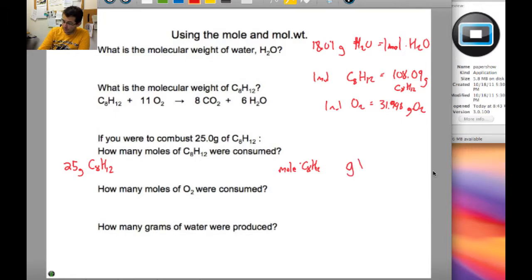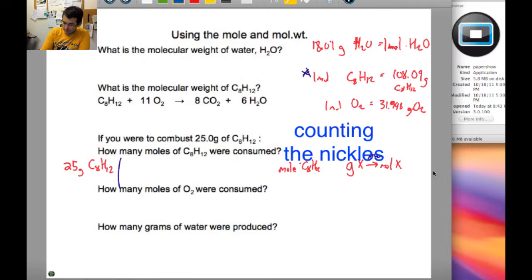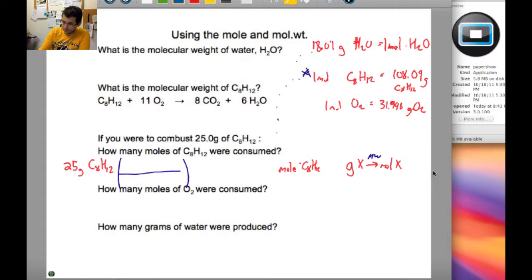Grams of X to moles of X using the molecular weight of the compound, which we happen to have right here. We can then take this 25 grams, and we know using this molecular weight that for every 108.09 grams of C8H12, that is equivalent to 1 mole of C8H12.